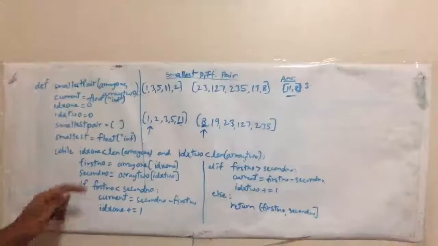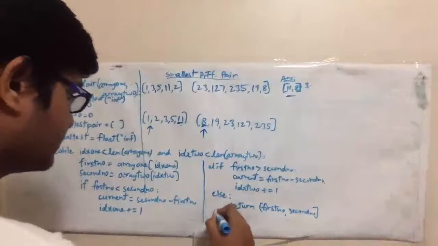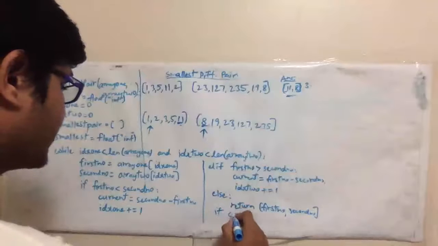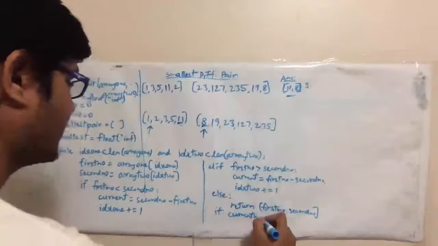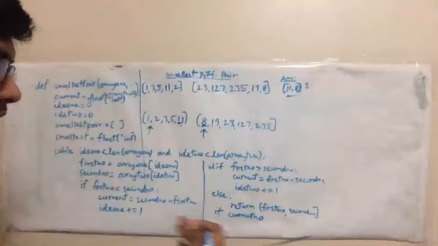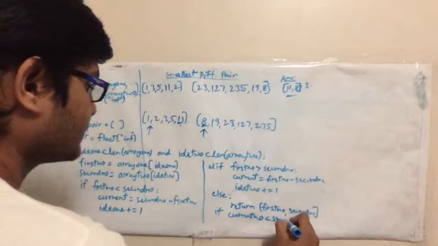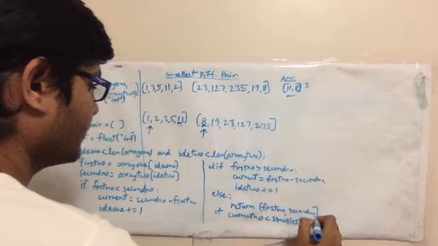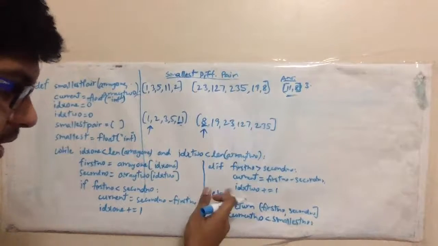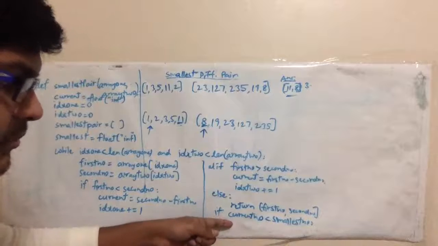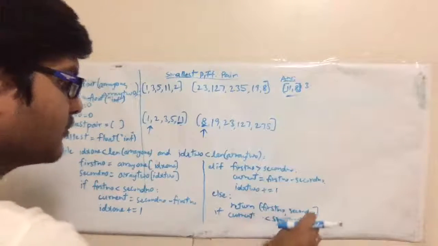As I talked, we are computing the current number in this iteration. For comparison, we need to check whether the current number is the smallest number. We knew there is a small number, but in this iteration we are updating the current number and checking: is the current number less than the already known smallest number?